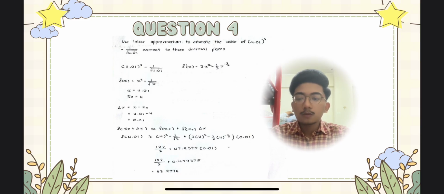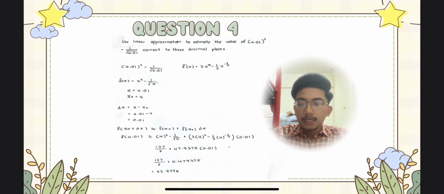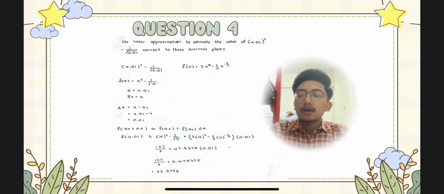Step 5, apply the linear approximation formula. Now we apply the formula for linear approximation. f(x) is approximately equal to f(x naught) plus f prime(x naught) times delta x. Let's calculate f(4). f(4) is equal to 4 cubed minus 1 divided by square root of 4, which is 64 minus 1 half, giving us 127 divided by 2.